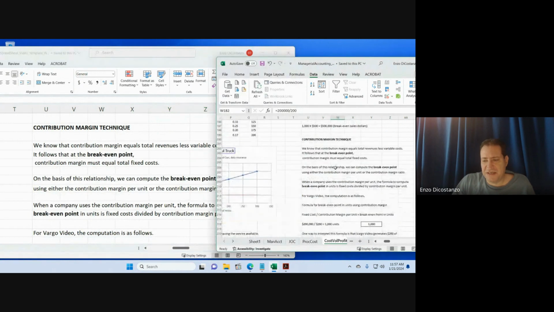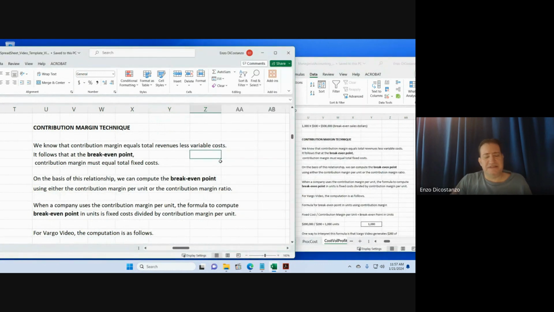Contribution margin technique is next. This is what's left after variable cost. The contribution margin must equal the total fixed costs. So revenues less variable costs is the contribution margin. This is fixed cost divided by the contribution margin per unit.